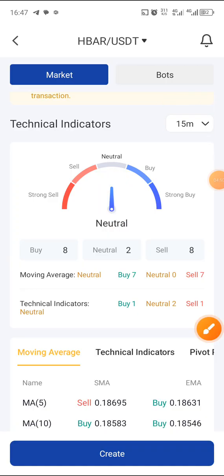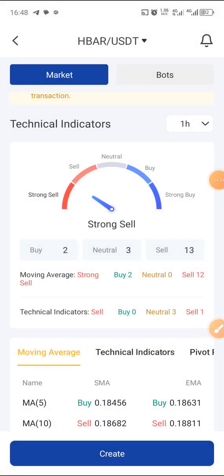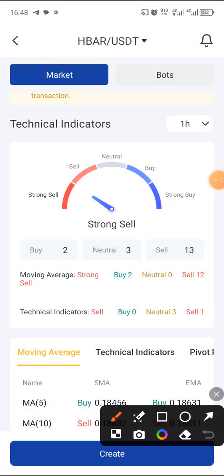When you change the time frame from 15 minutes to 1 hour, you see, now it's pointing approximately to strong sell. What is strong sell? People are busy selling.